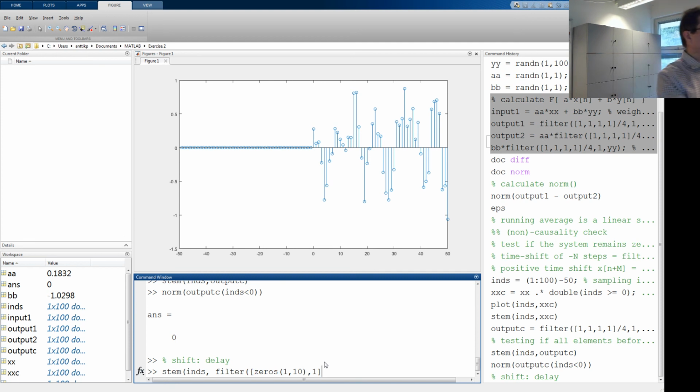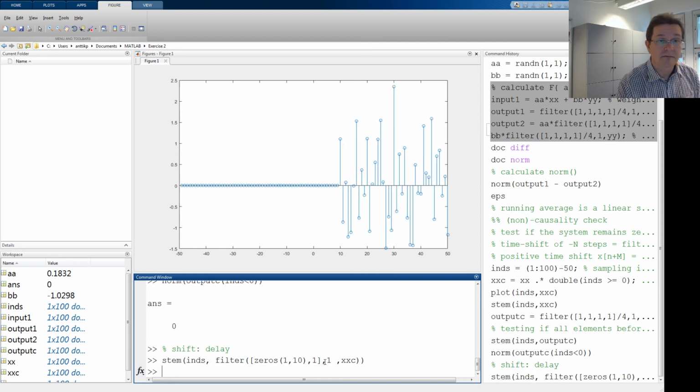So this is a vector which has zeros at the beginning and then just 1 at the end, and then xxc. Yeah, it's the same test vector but delayed by 10 data points.